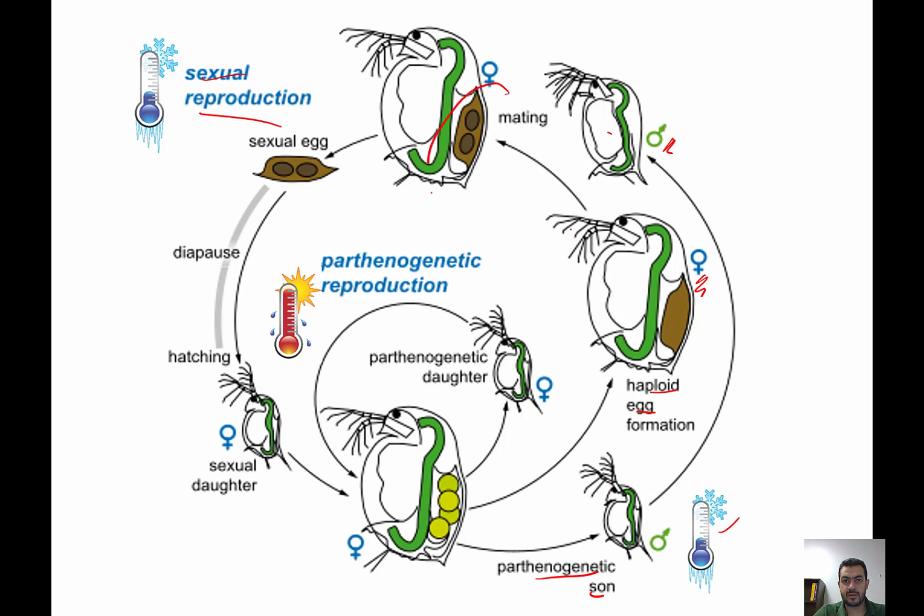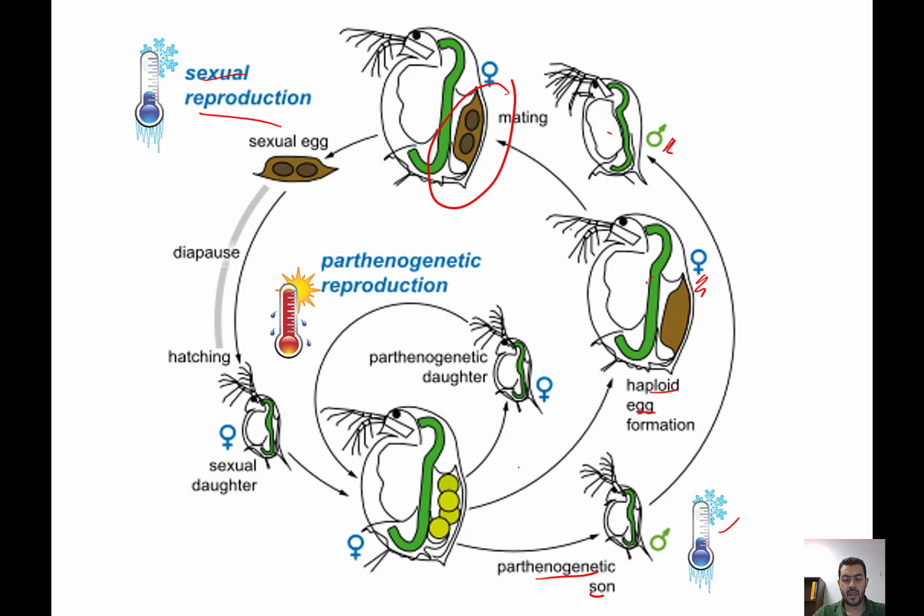So what will happen inside the female? It will carry the eggs in a special pouch, and then it will release these eggs in the water, at the bottom of the sea, and they will remain there until the conditions become suitable again, and then it will go back to the parthenogenetic cycle of reproduction.